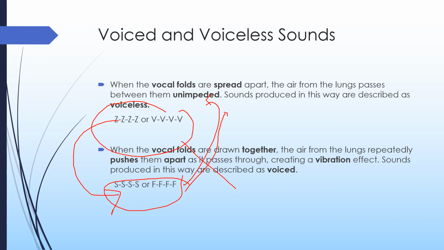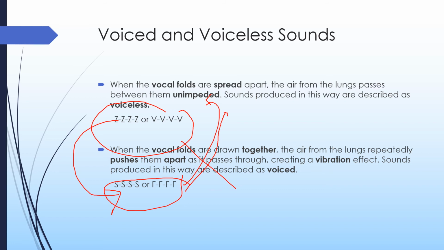Okay, if we talk about voiced sound, when the vocal folds are drawn together, the air from the lungs repeatedly pushes them apart as it passes through, creating a vibration effect. Whenever we produce these sounds, there is a vibration in our vocal folds, which is referred to as voiced sound.